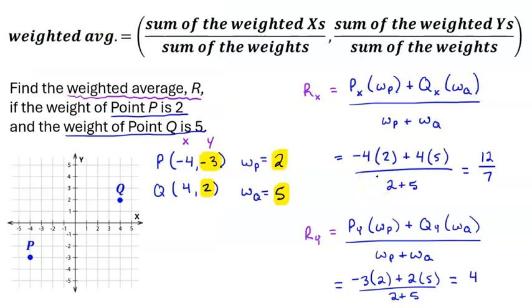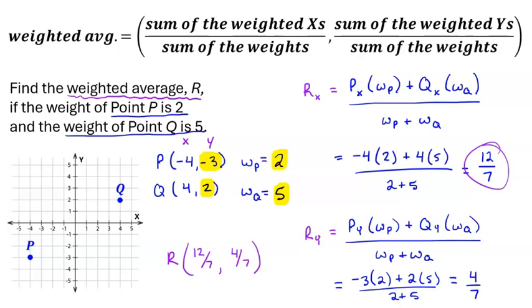And so this is going to be 4 over 7. Okay, and then let's go ahead and graph this particular point. So that means R, remember this was the x-coordinate of R, so it's going to be 12 over 7, and then we've got 4 over 7.